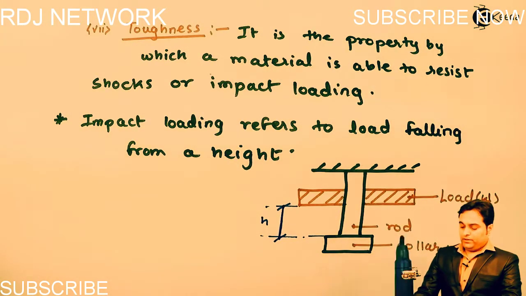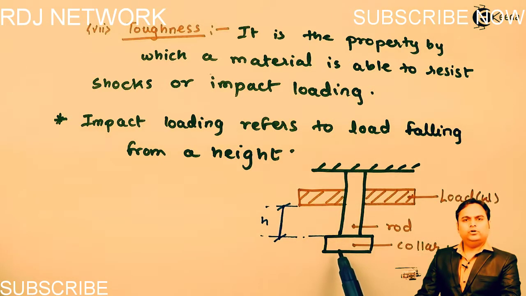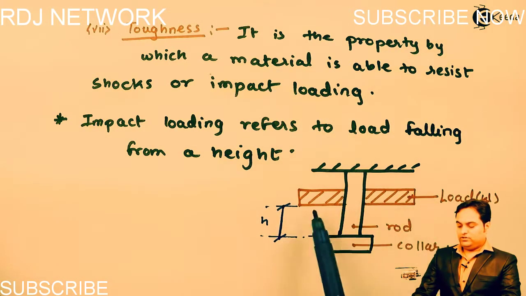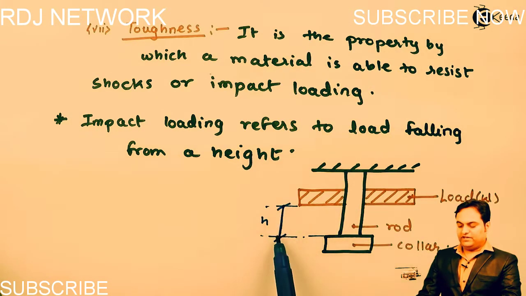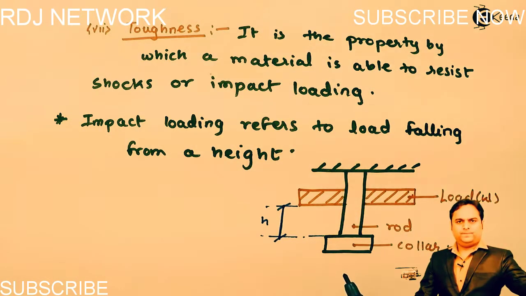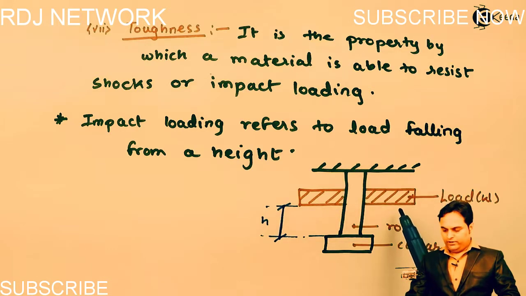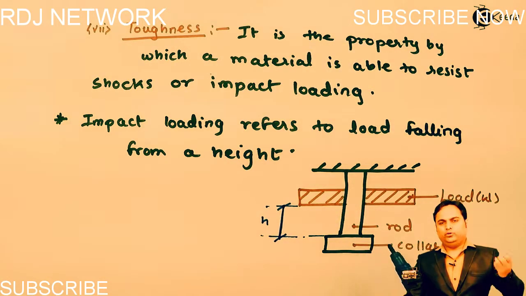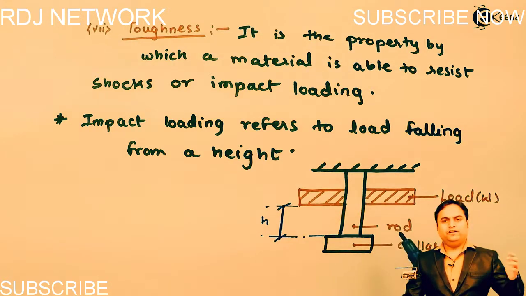So now toughness means the ability of this collar to resist this load. For example, if this load is falling through this height h, then this collar should not deform much. By toughness we mean that on the application of this load, this collar should be able to resist it. It should not deflect suddenly.